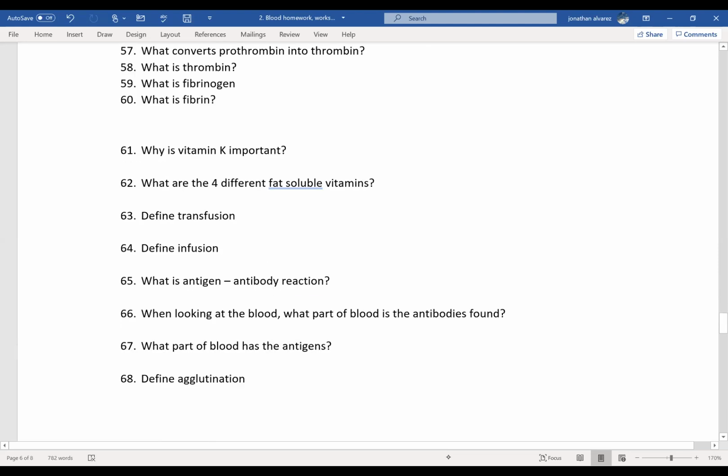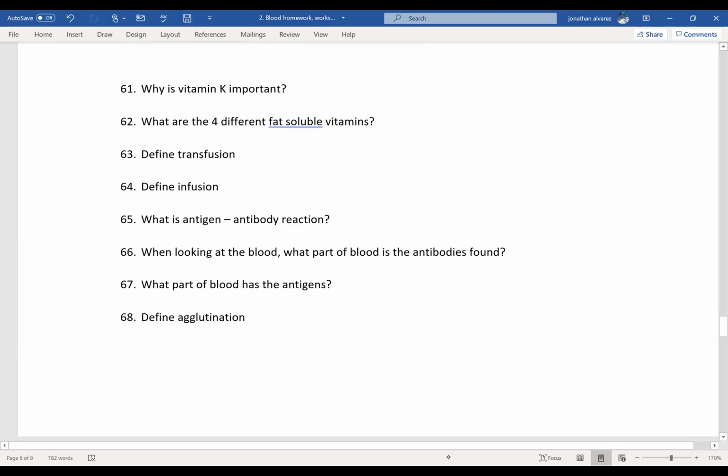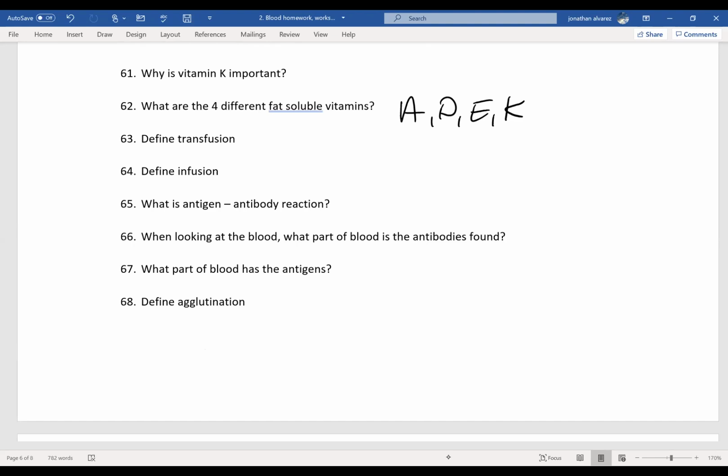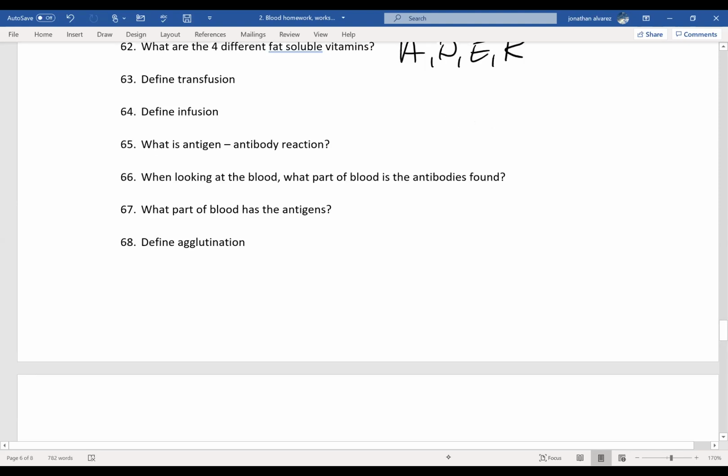Okay, vitamin K is important because it's part of coagulation and helps with the coagulation process. There are 4 different types of fat-soluble vitamins: A, D, E, and K. Okay, so this is basically asking about blood types.